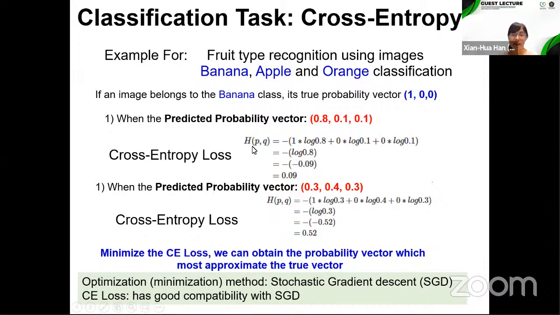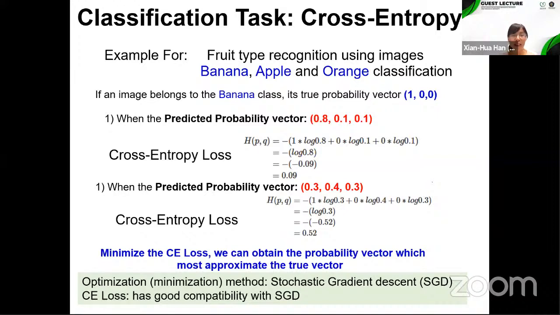This means if the predicted probability vector has a similar probability distribution to the ground truth, the cross-entropy can be minimized.